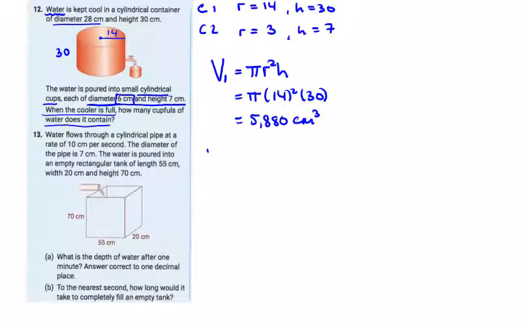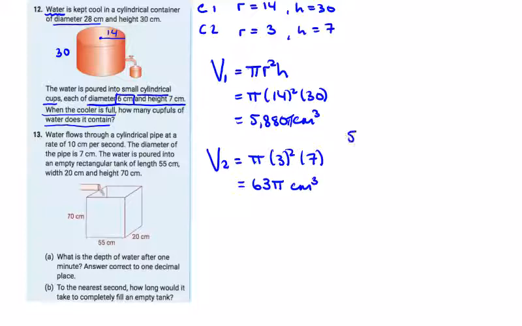The small one, volume 2, is equal to pi by 3 squared by 7, and 7 nines is 63. So 63 pi. Left out my pi up here, which you all noticed, of course.